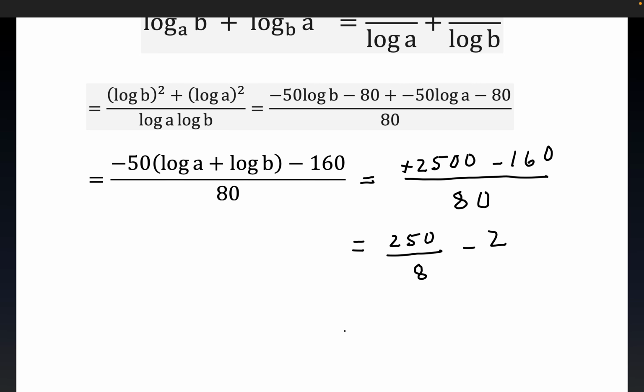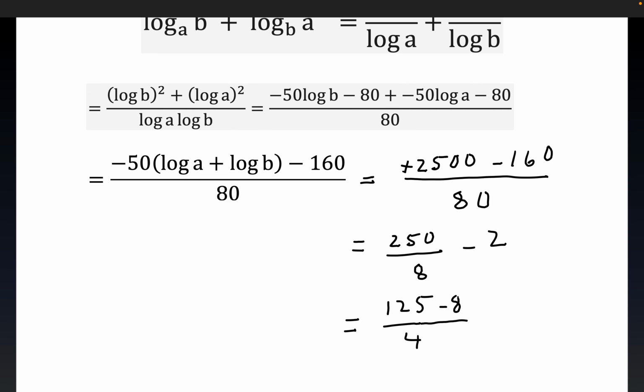Again, probably more than one way to do the arithmetic here. You could reduce this first, I guess. That's easy enough to do: 125 over 4, right, folks? 125 over 4 minus, what are we getting here, minus 8.